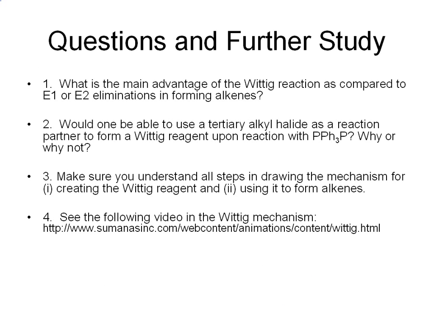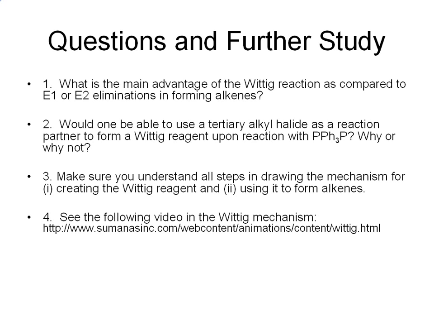So some things to consider: what is the main advantage of the Wittig reaction as compared to E1 or E2 eliminations in forming alkenes? Why can or can't you use a tertiary alkyl halide as a reacting partner to form a Wittig reagent?